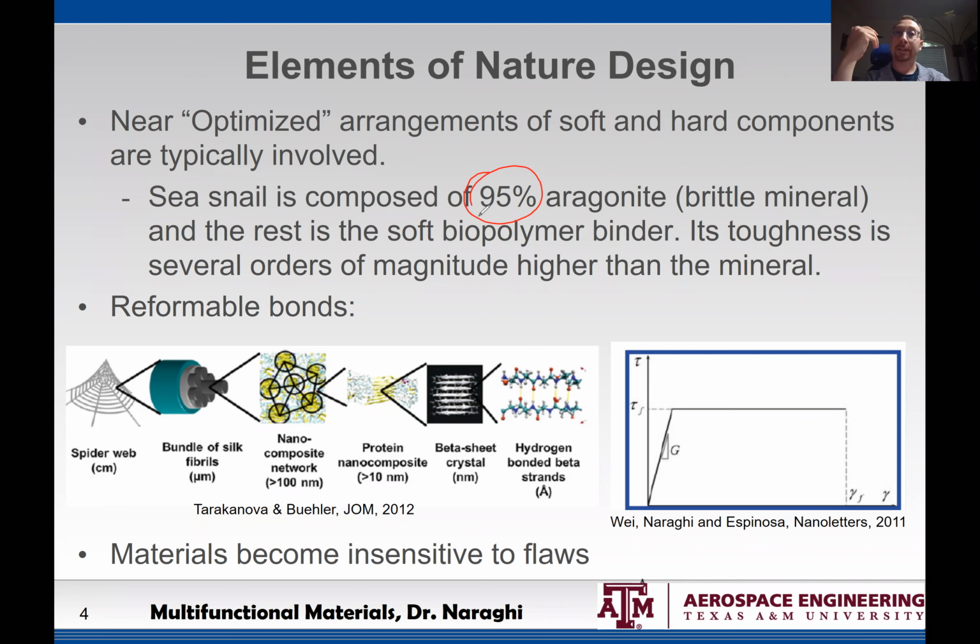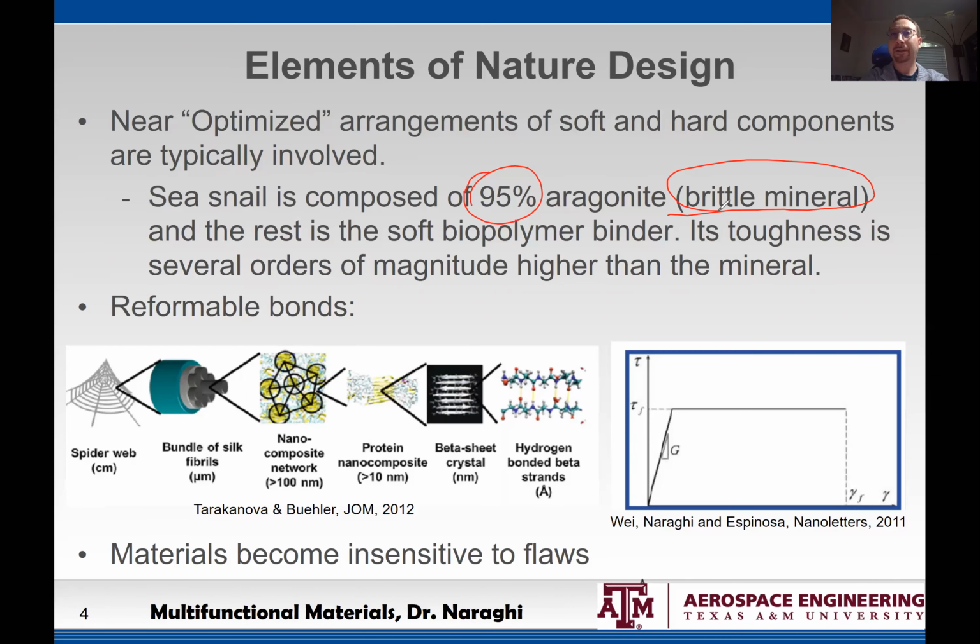Now, the toughness that you get out of this composite material is many times higher because of this brick and mortar structure that I showed you earlier, and because the size of the components is set properly, the energy that it can dissipate before failure is many times higher than the energy that is required to just break the brittle material.